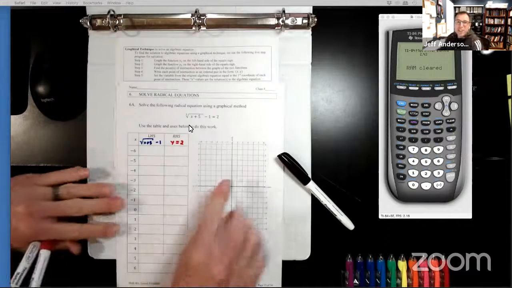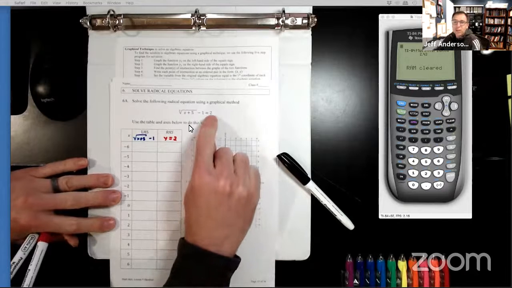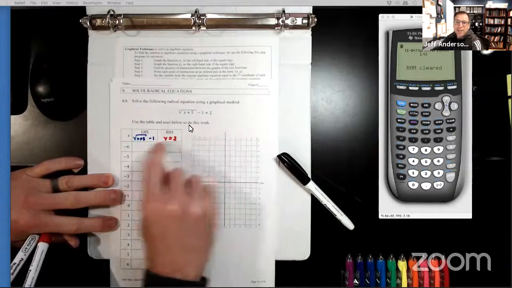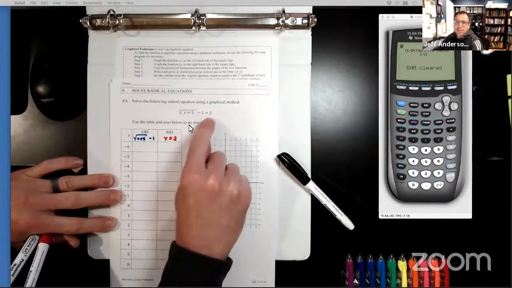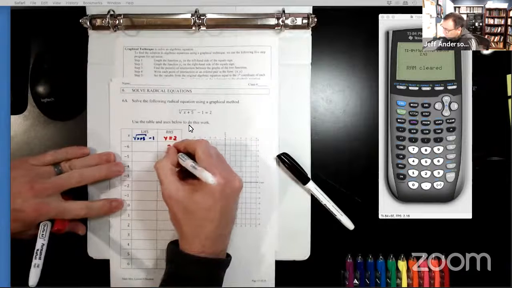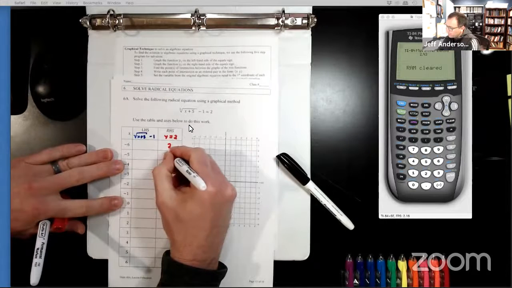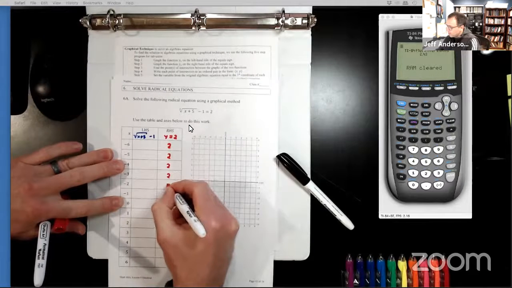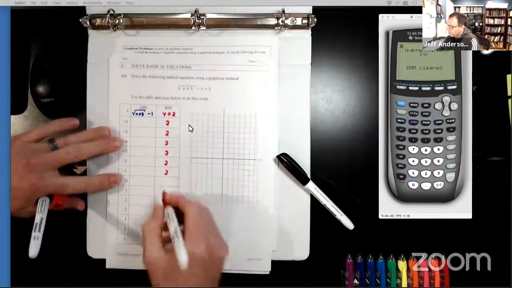One of those is a lot easier to do than the other one. Specifically, y equal 2, there's no x value in that. So when x is -6, what is y? Well, it's just 2. When x is -5, what is y? Well, it's 2. Y is always 2. So this is what we call a constant function.